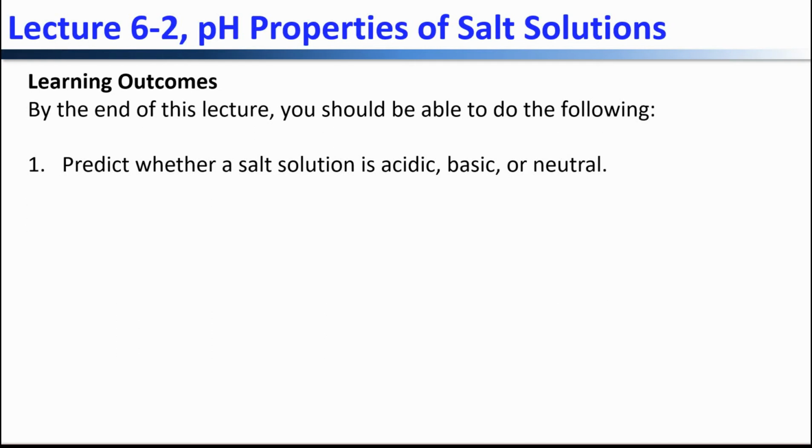What I want to define for you is what we're calling a salt. So salt is going to be hydrolysis of an ionic compound. And what we're going to see is some of these compounds will behave like bases and some will behave like acids when they are hydrolyzed.